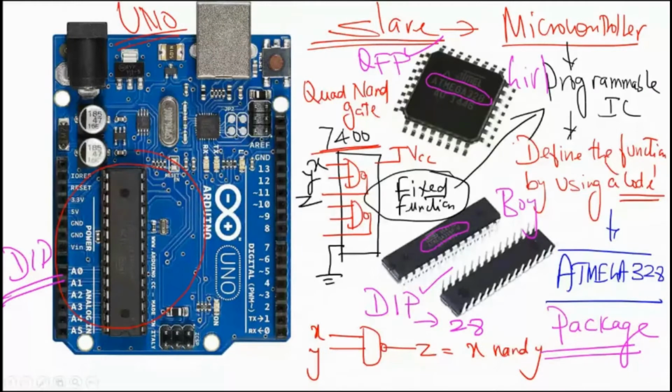How is it different from fixed function ICs? Fixed function ICs always do only one job throughout their lifetime. They can never change their functionality. For example, if you take the 7400 NAND gate, this particular IC will only perform the NAND operation throughout its lifetime, and it cannot do any other job.